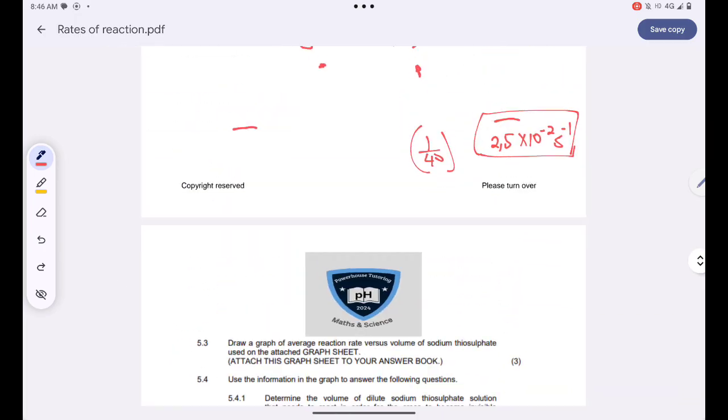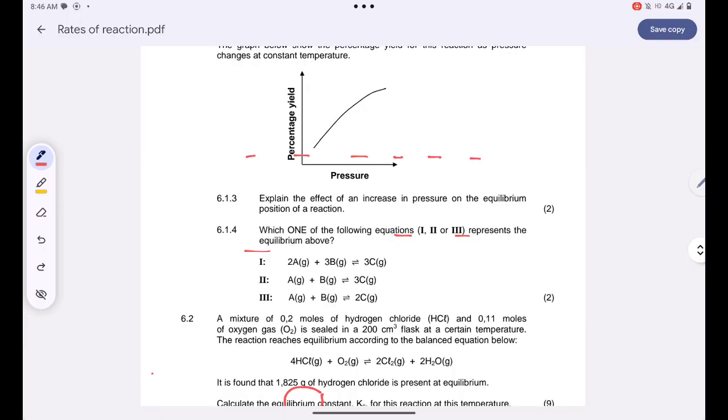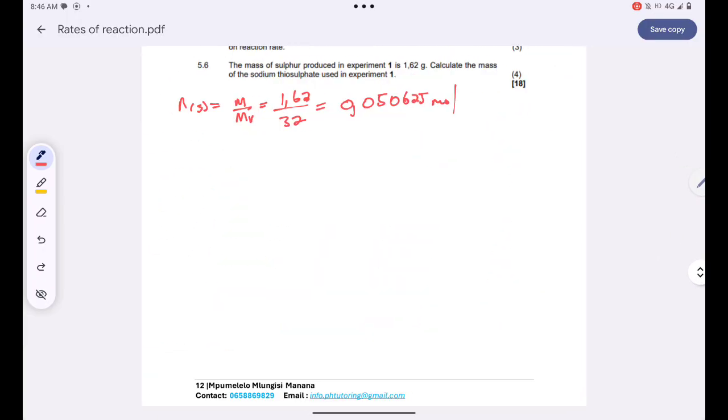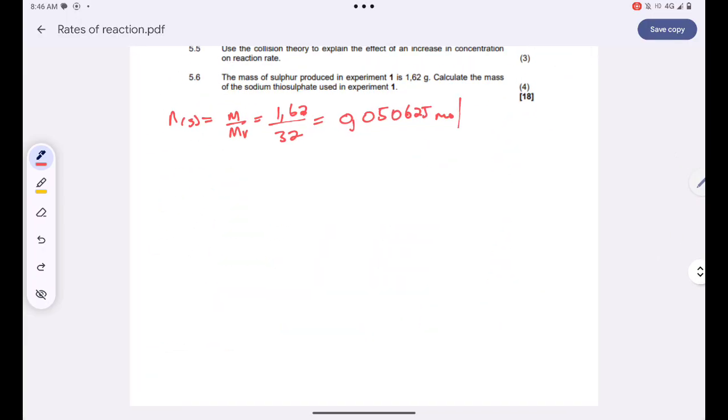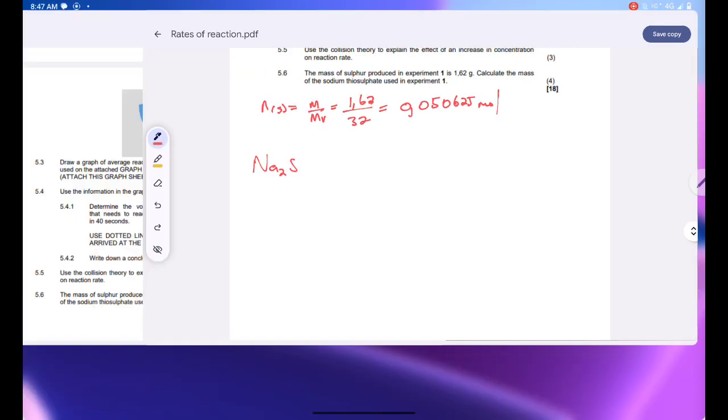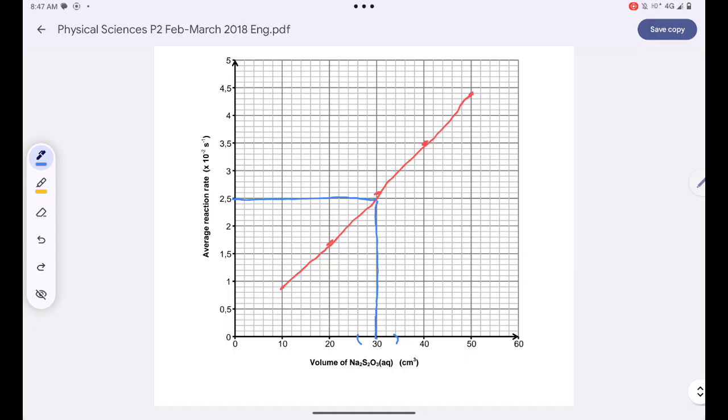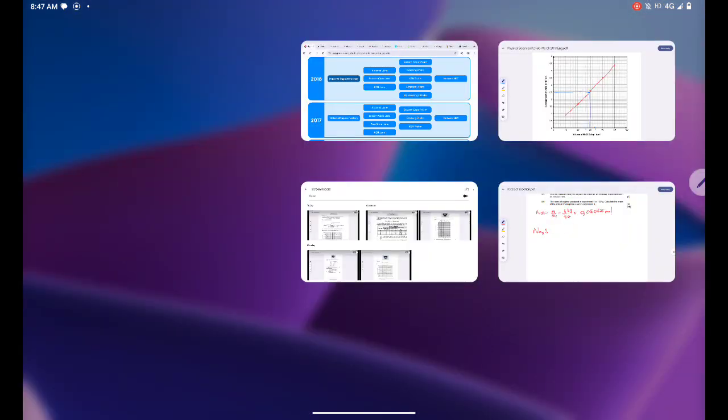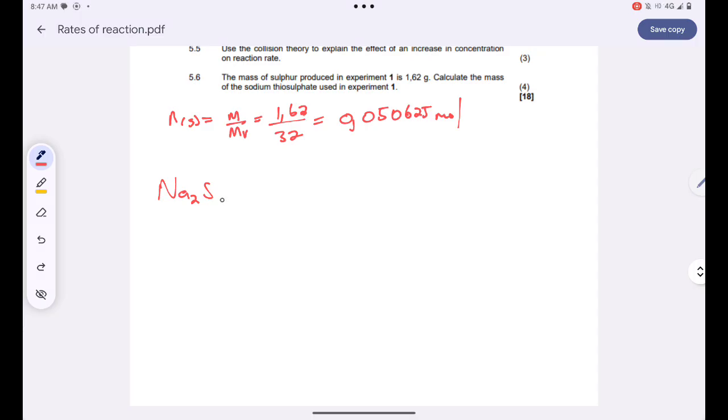Okay, it's fine. But the chemical reaction, guys, for sodium thiosulfate, it's Na2S2O3 plus HCl.